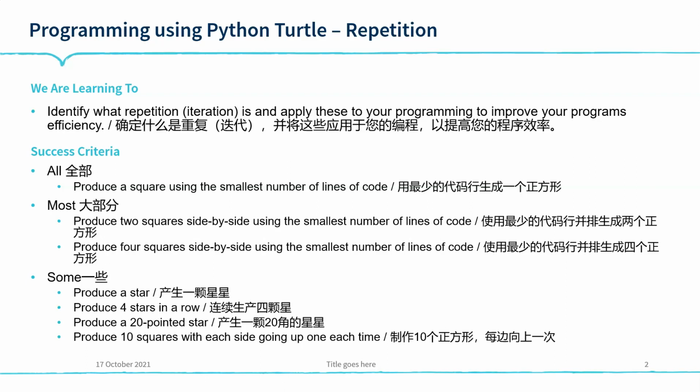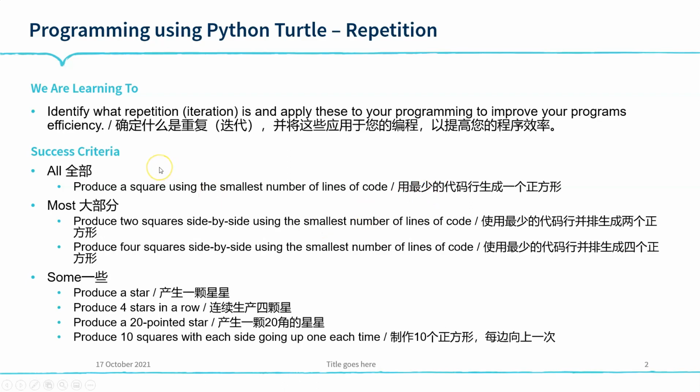There are lots and lots of ways to solve a problem, but the fewer lines of code you use, the more efficient it is. And that is what we want to try and do. That's how we can do it using repetition, or what's otherwise known as iteration.